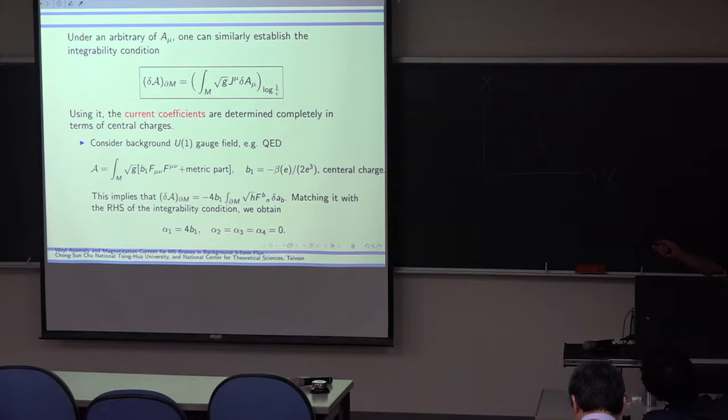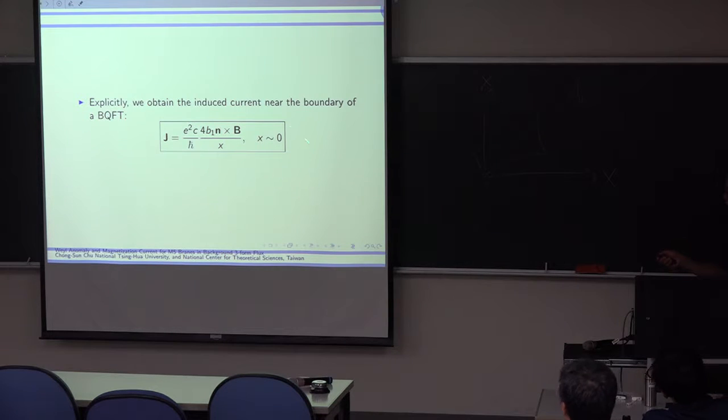It's again very simple. We substitute into here, and then using the integrability condition, we can determine the relation between the current coefficient and this B1, this anomaly coefficient, this boundary central charge. So we get this after you put back the dimensions.